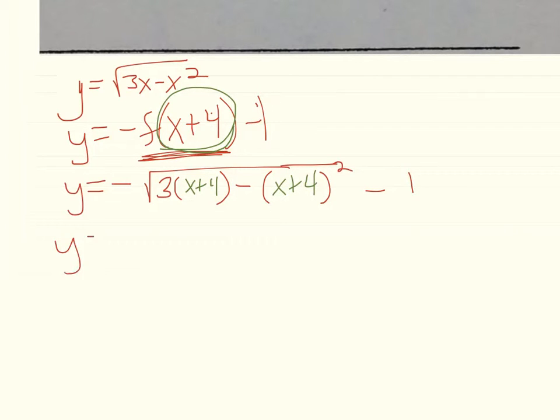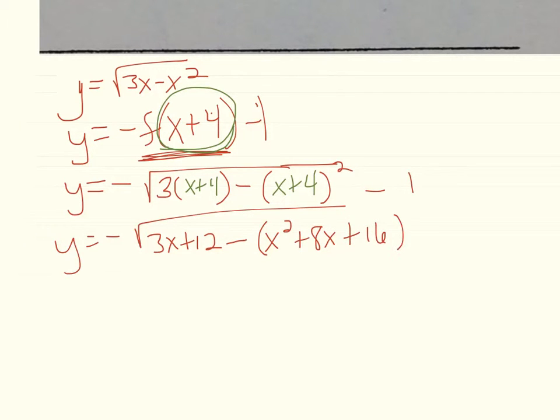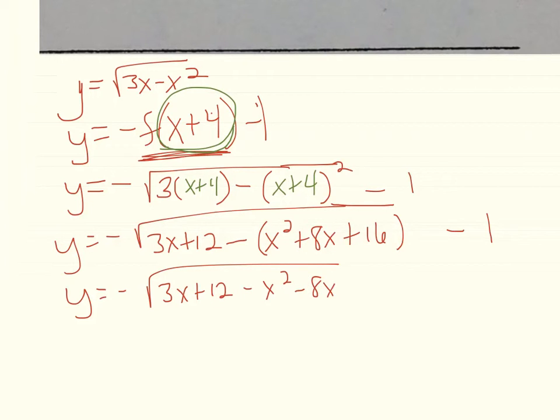So now it's just a simple process of simplifying this equation. So I would have 3x plus 12 minus x squared plus 8x plus 16. That's still all under the radical, and the minus 1 is on the outside. So to finish this off, we're going to have 3x plus 12 minus x squared minus 8x minus 16.